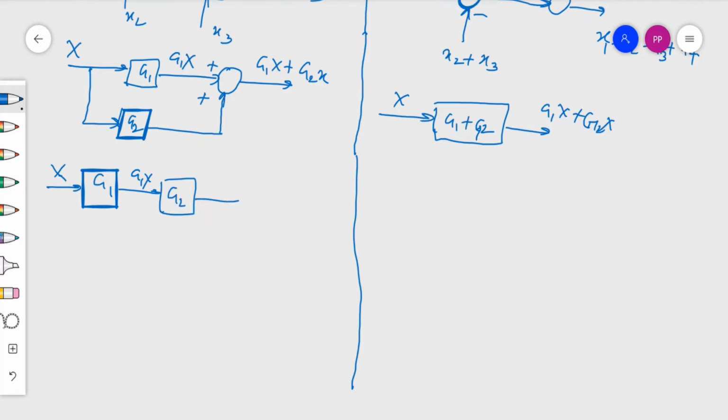So this is definitely G2 G1X. This is made equivalent to a single block G2 G1, so we can see that if X is entering, the output should be G2 G1X.